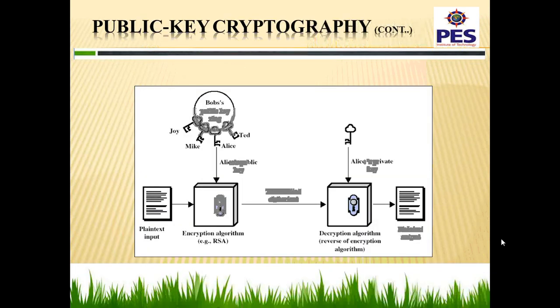Here is an example. Bob wants to send a message to Alice, so he converts the plain text, written in natural language, to ciphertext using the public key. That message will be sent to Alice using some communication media.